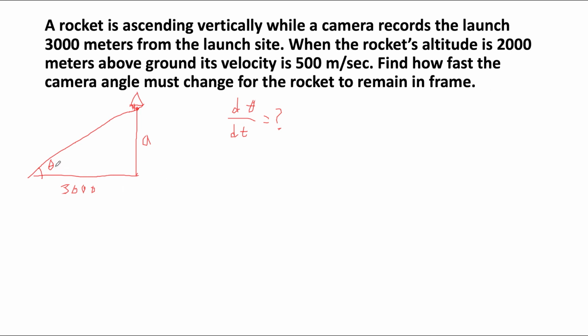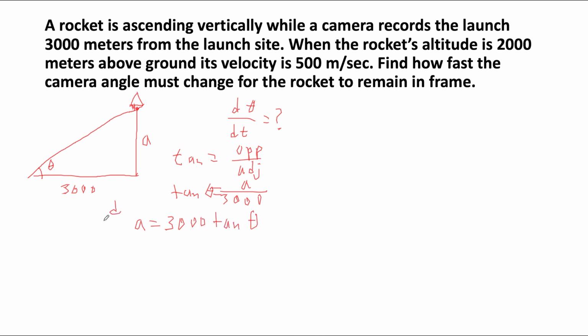So how do we relate theta and A? Well, if you remember from your intro trig class, tangent equals opposite over adjacent. So tan theta equals opposite, which is A, over adjacent, which is 3,000. And we can multiply out to get A equals 3000 tan theta.